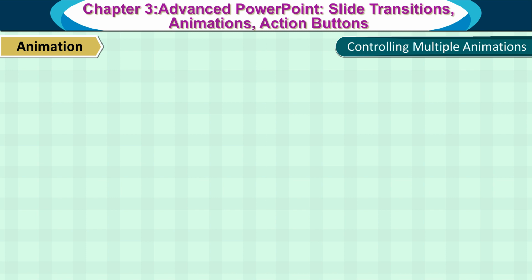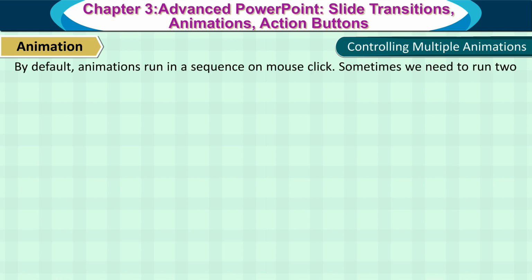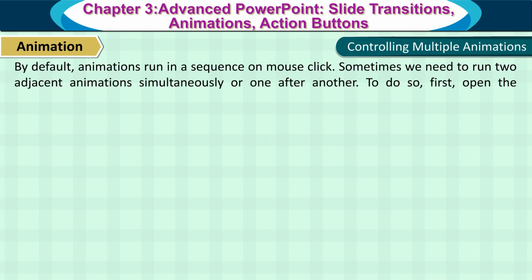Controlling multiple animations. By default, animations run in a sequence on mouse click. Sometimes we need to run two adjacent animations simultaneously or one after another. To do so, first open the animation pane, then follow these steps.